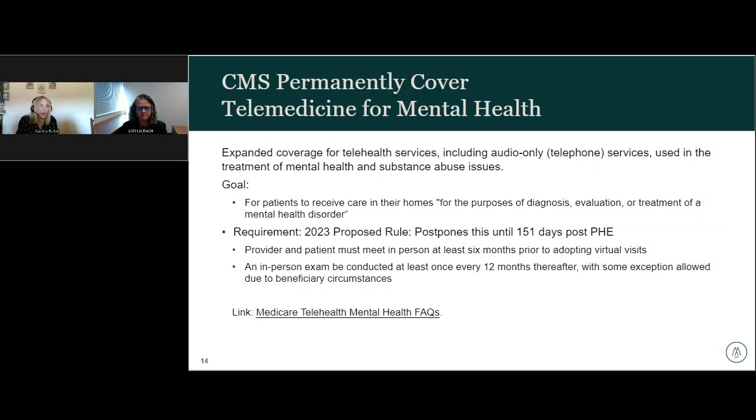From a mental health perspective, Medicare has made permanent the mental health benefit, yay, which is wonderful for our behavioral health agencies who've utilized this rather extensively to provide behavioral health across the country. So patients can receive care in their homes. They can receive it for the purpose of diagnosis, evaluation, or treatment.